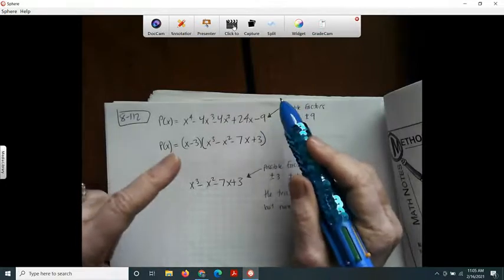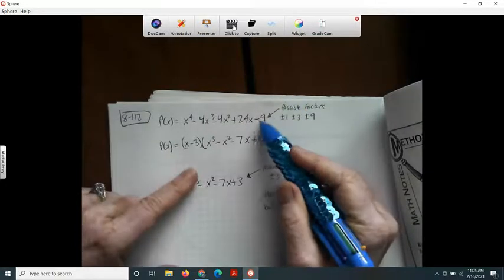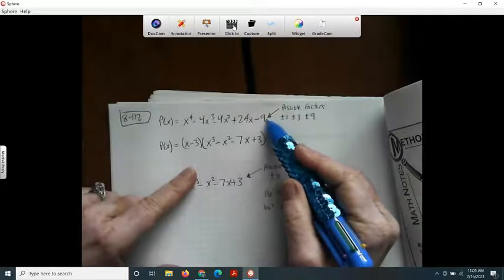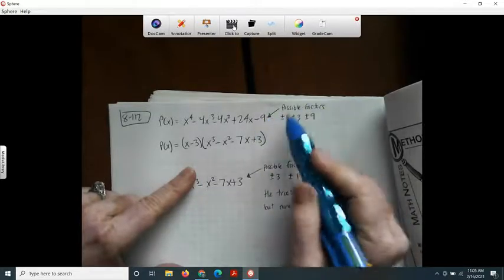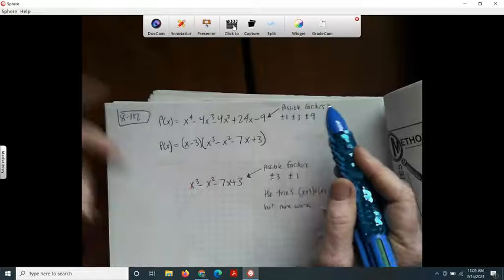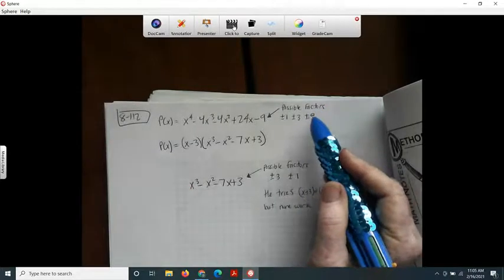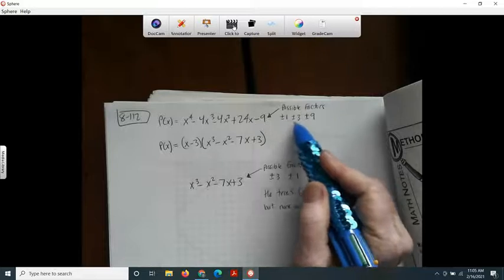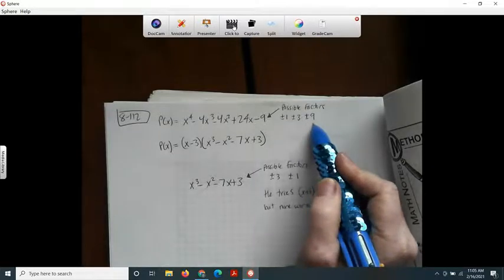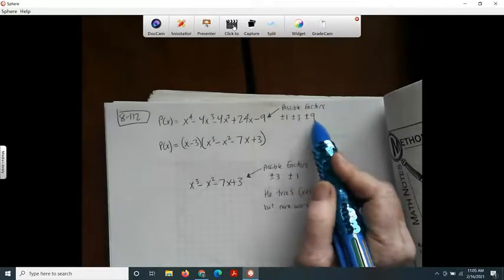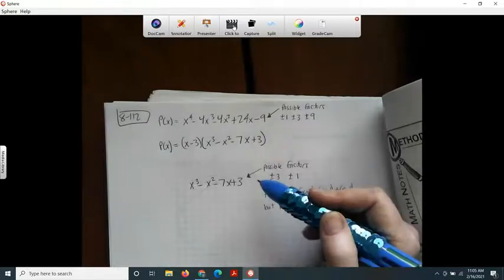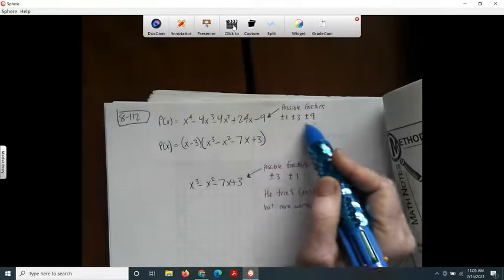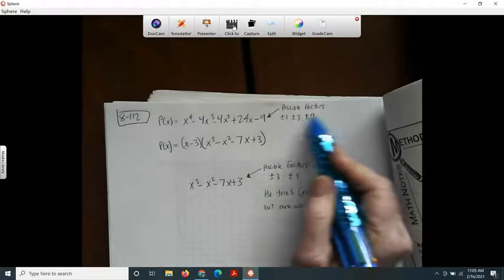So we know that we're not going to be able to divide by any numbers that don't go evenly into -9. So that's how we get our list of possible factors. We know 1, 3, and 9 are the only numbers that go into 9. And then you can guess by looking at these numbers, and just start guess checking.